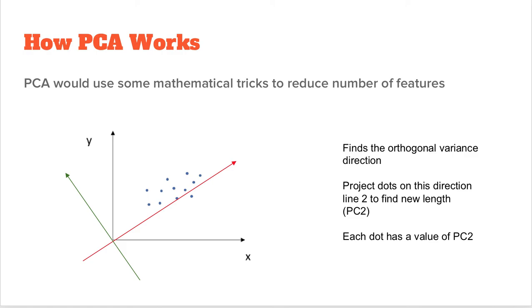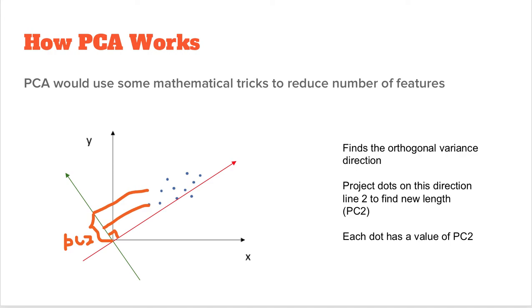The second step is to find the orthogonal variance direction, the green line. The green line is at 90 degrees to the red line. After we find this direction, we project all the data points onto this new line as well to find the length, which we call PC2.